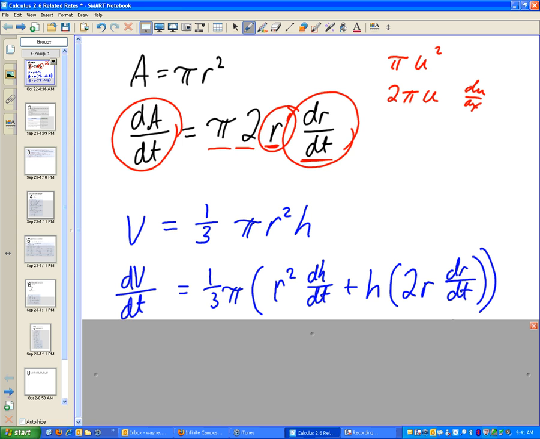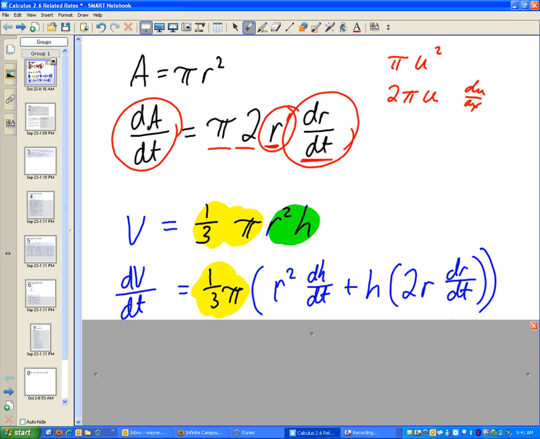So I'm using the constant multiple rule. That's a constant. So the derivative of the right side is 1/3 pi times whatever the derivative of r squared h is.